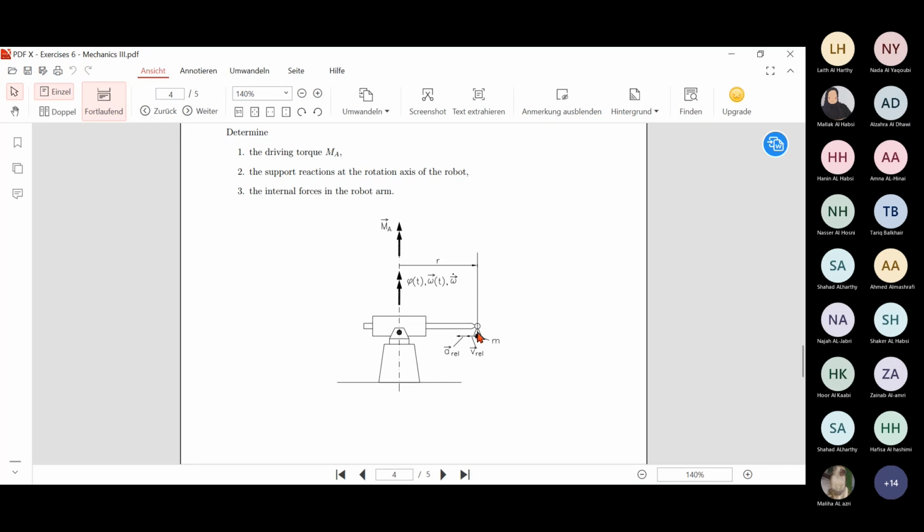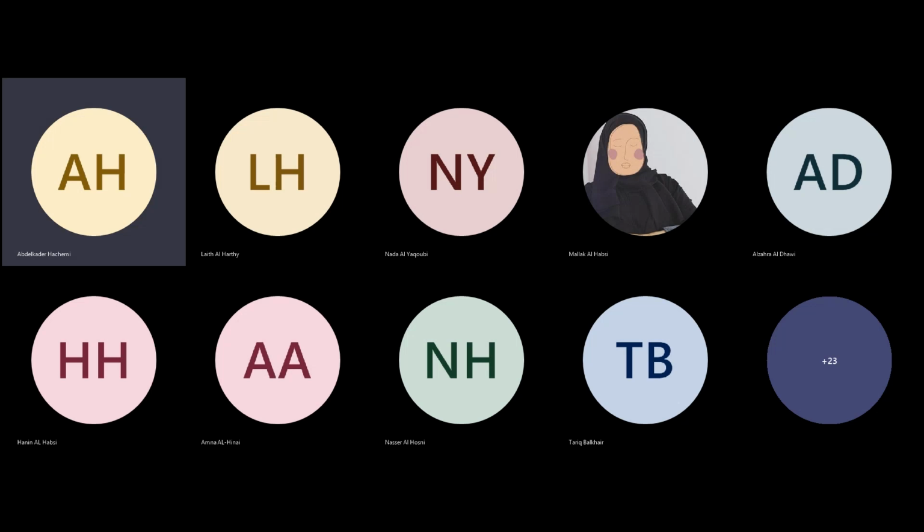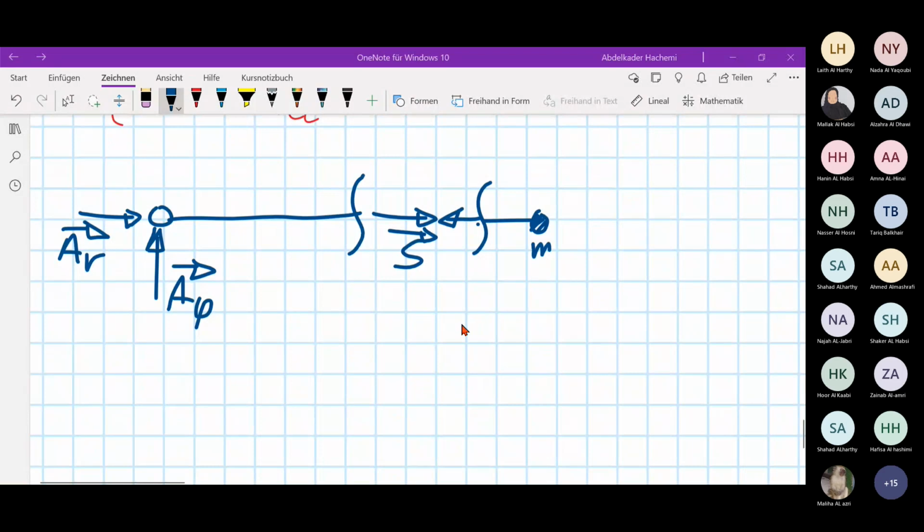And we look at which forces are acting on this mass M. Now, on this one, what we have is the contact force N between the mass and the arm of the robot.